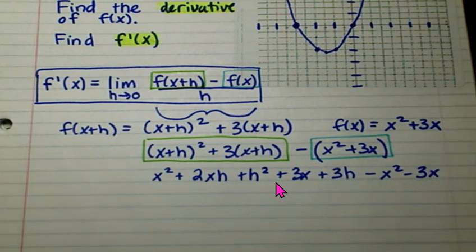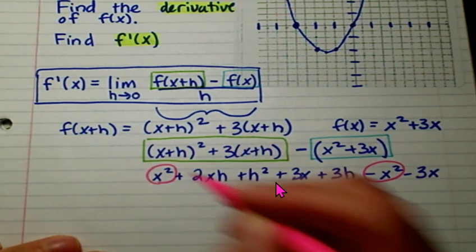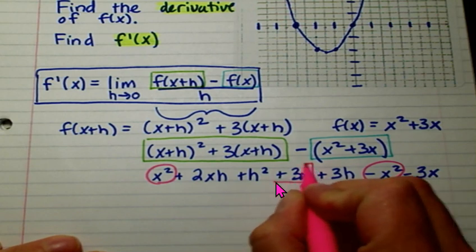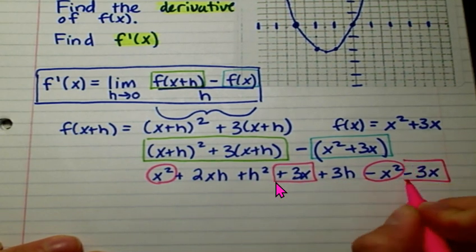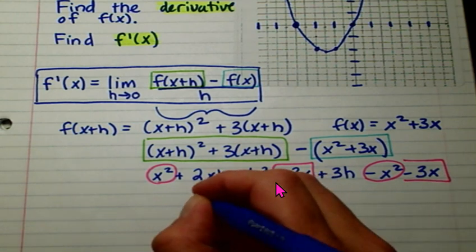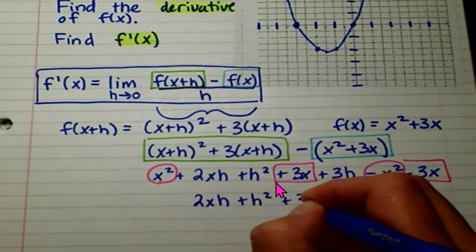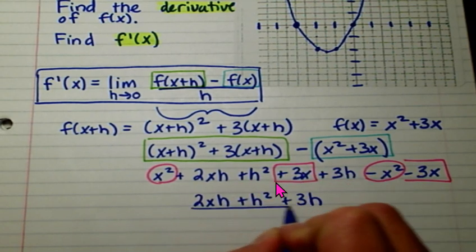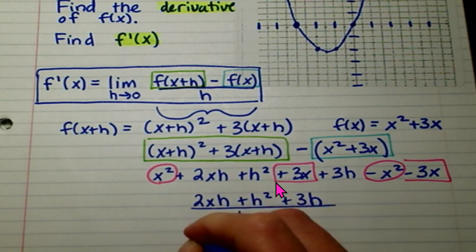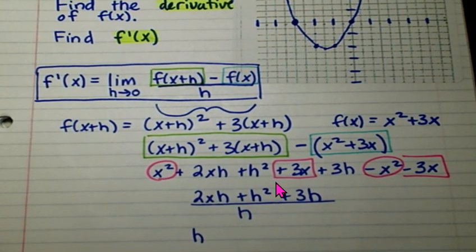Okay, let's combine up these like terms. I like to square and circle my like terms. Factor out that h.